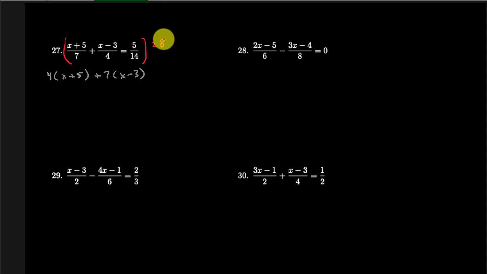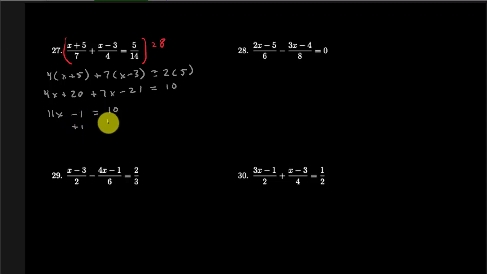And 14 goes into 28 2 times, so that's going to be 2 times 5. So clear the parentheses, 4x plus 20 plus 7x minus 21 equals 10. Combine like terms, 11x minus 1 is equal to 10. Add 1 to both sides, we get 11x equals 11. Divide both sides by 11, we get x is equal to 1.